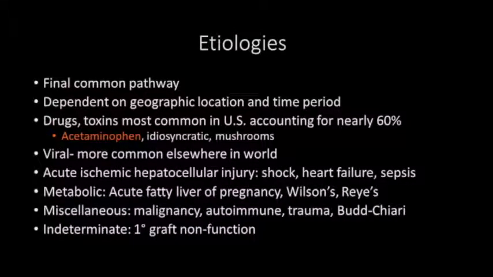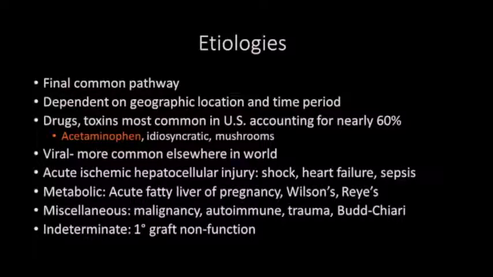There are a whole laundry list of other causes, some of them relatively rare, as you can see here. Various entities which cause just ischemic hepatocellular injury can cause fulminant liver failure, as well as fatty liver of pregnancy and Wilson's disease.